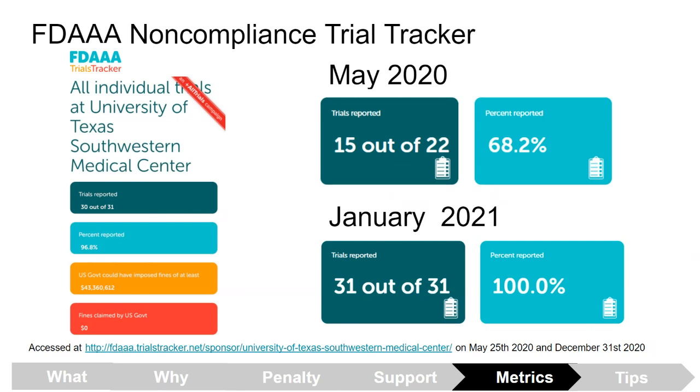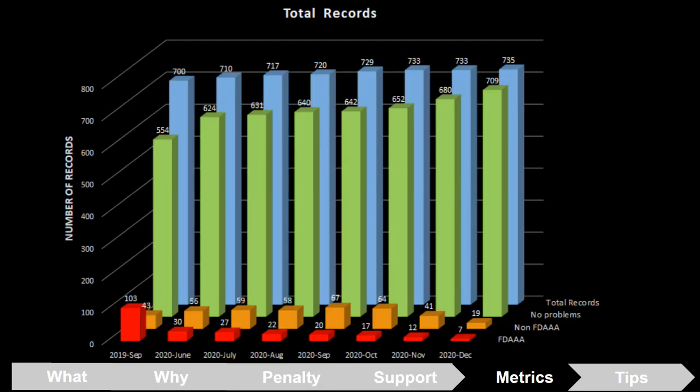It is important to note that this 100% compliance is for FDA-regulated applicable clinical trials. It does not include NIH-funded trials that are not FDA applicable clinical trials, or trials that are voluntarily registered. So we generated our own metrics that include all trials and their compliance directly from the ct.gov internal database, which is only accessible to institution administrators.